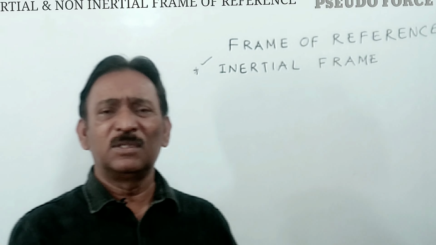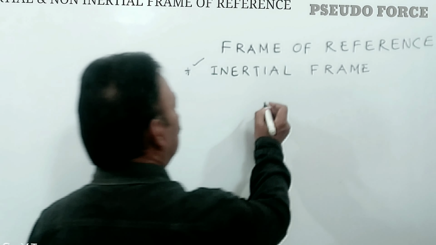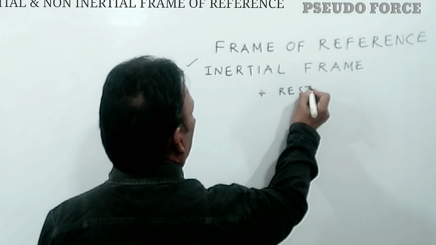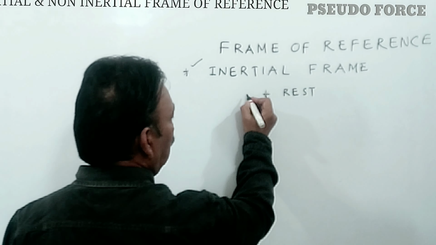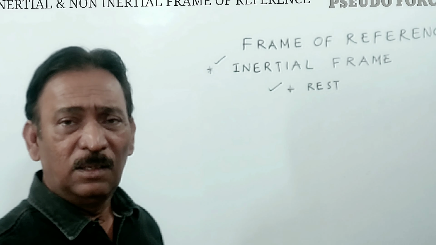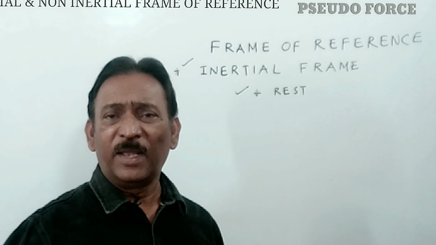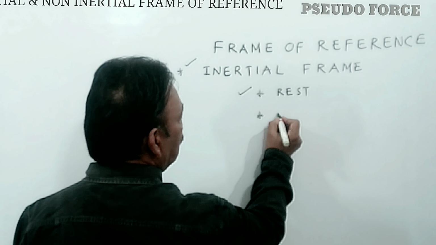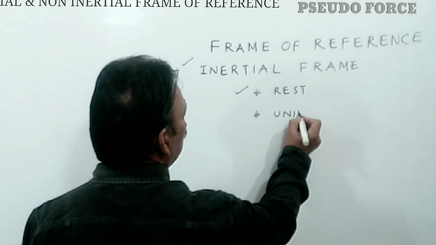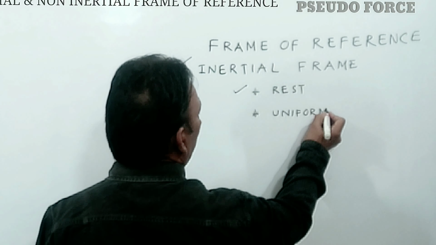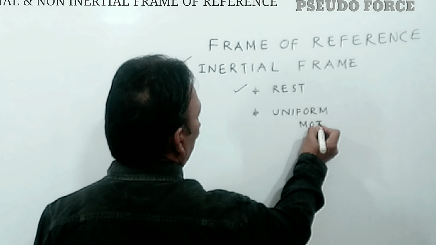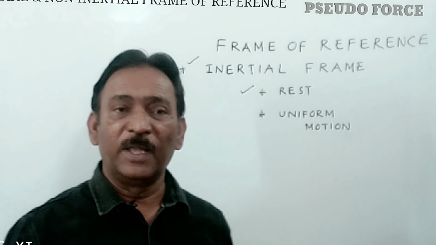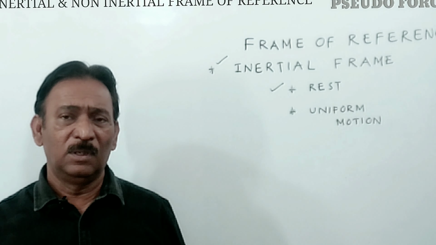A simple answer, students. Any frame of reference which is at rest, we call it an inertial frame of reference, or a frame of reference which has uniform motion.